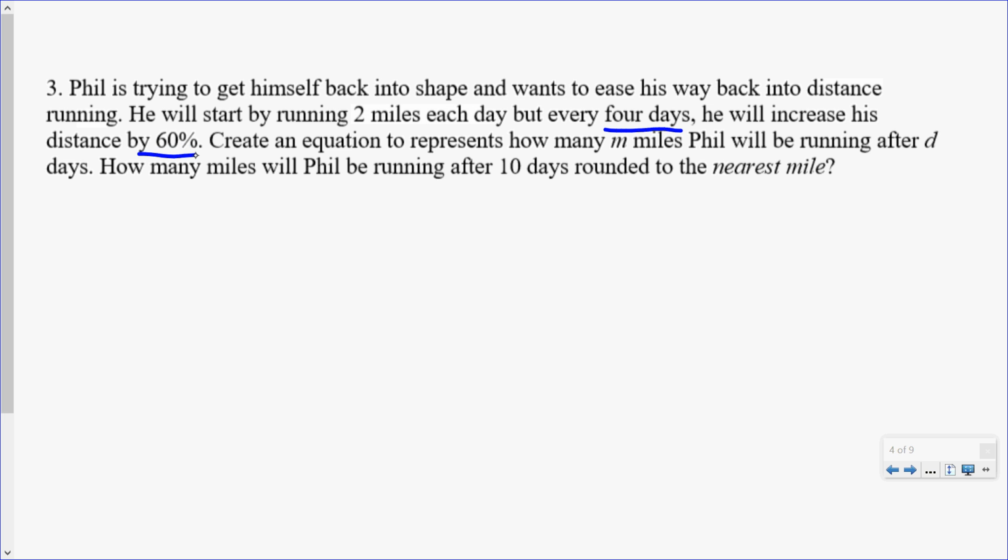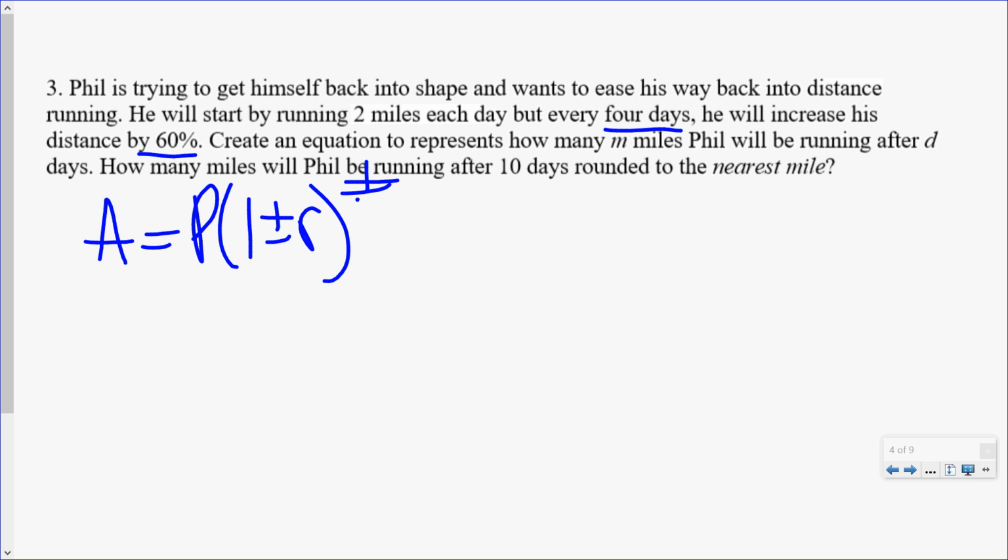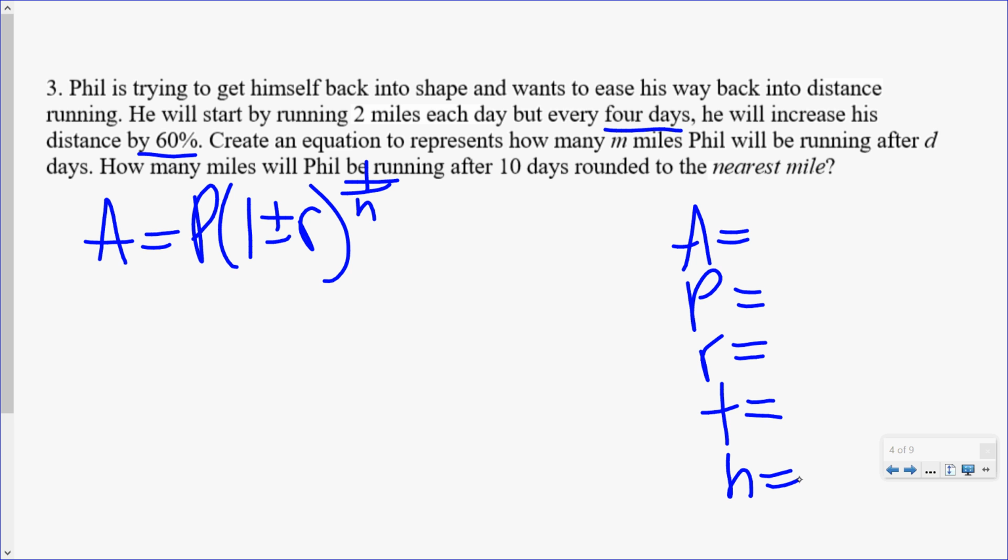It's not every day, every week, every month, every year. Every 4 days, that's an irregular amount of time. There's no half, there's no doubling, so I'm just going to write 1 plus or minus the rate to the T over H. A equals, P equals, R equals, T equals, H equals.